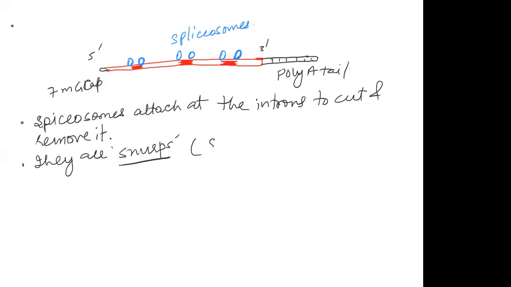This is small nucleoriboproteins or snRNA. Small nuclear ribonucleic acids. So these will be attaching themselves at this introns दोनों end पे, and now they'll be cutting it.